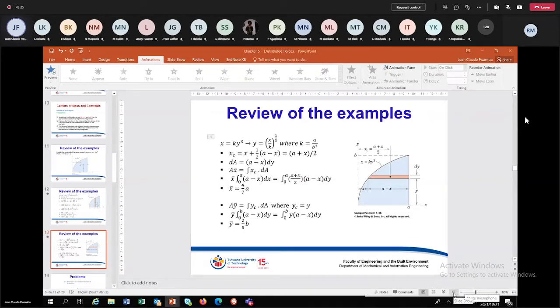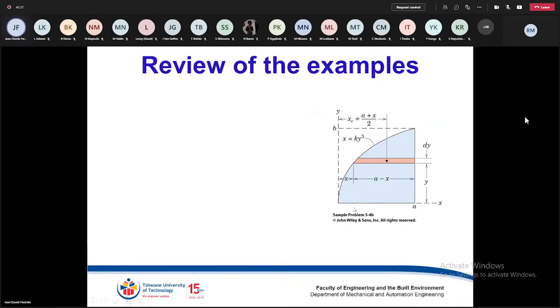Let's now check the second case, where someone else might decide, I would like to position my differential element horizontally. Regardless of how you position it, you should get the same answer.